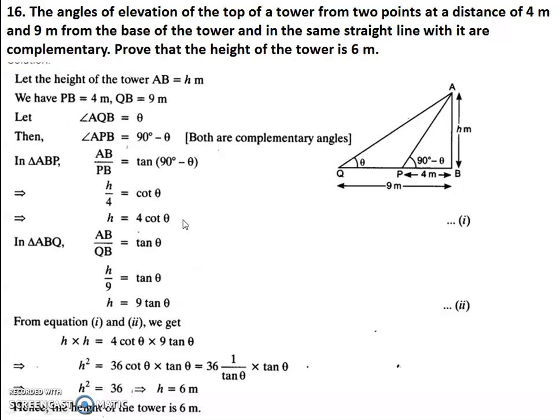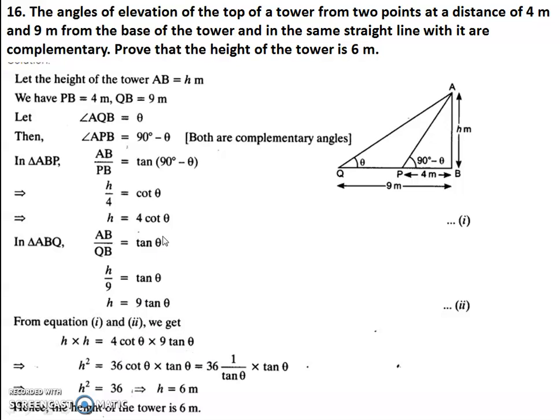Now what happened? In the first equation you got h is equal to 4 cot theta, and in the second equation you got h is equal to 9 tan theta. Equate it. What will you get? h into h is equal to 4 cot theta into 9 tan theta.